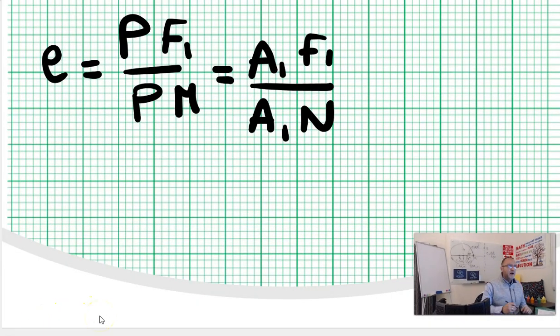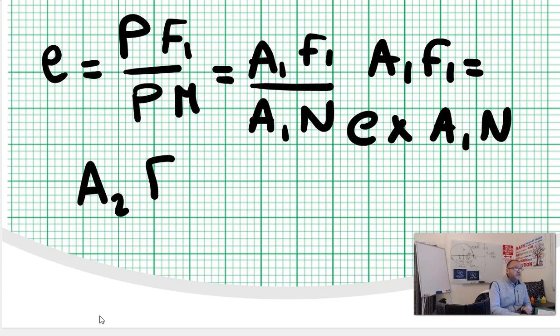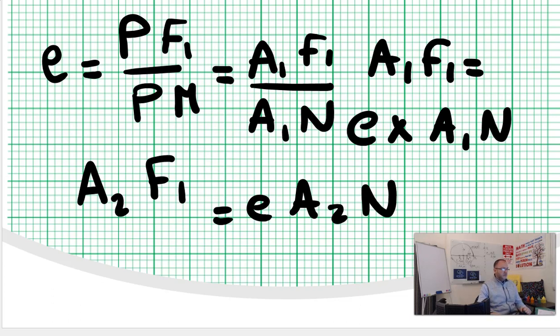So now I have A1F1. Look at that. A1F1 equals e times A1N, and A2F1 equals e times A2N. Where is A2? Look at the board again.